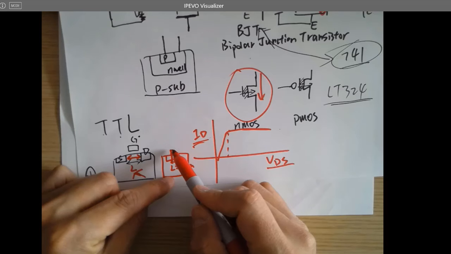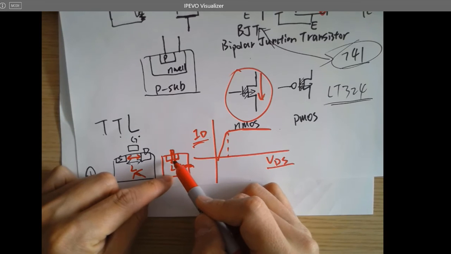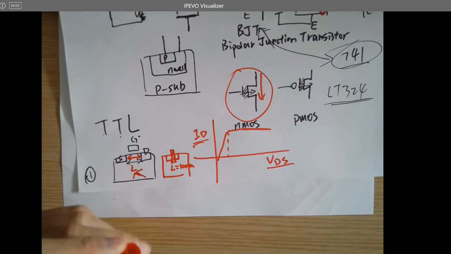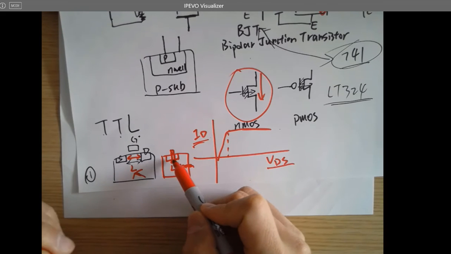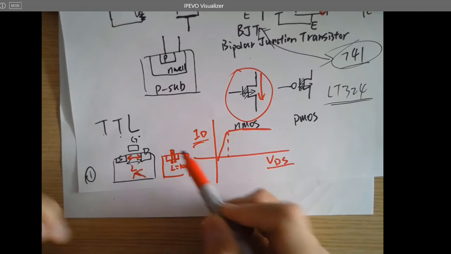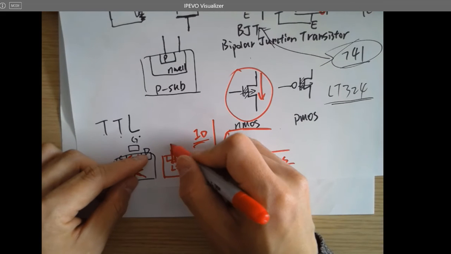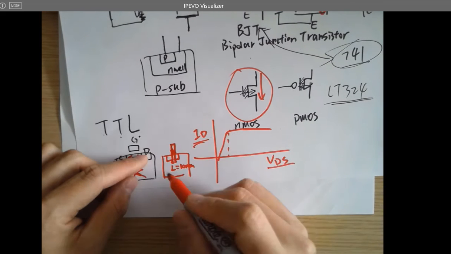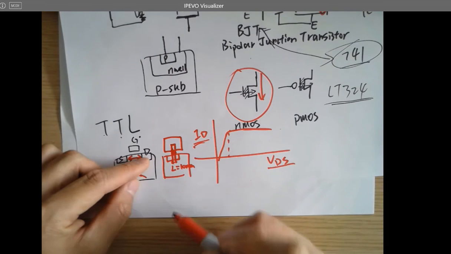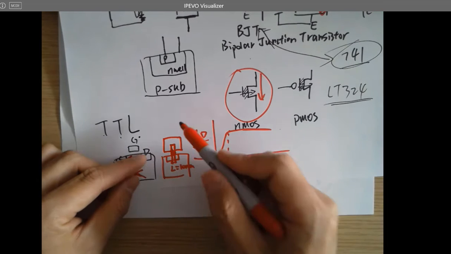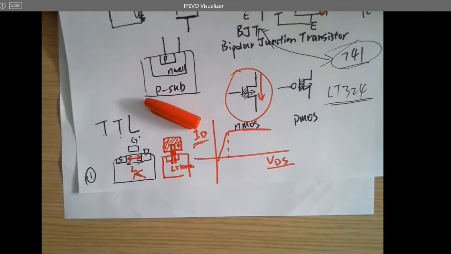The gate is going to lose its control over the channel. So it cannot effectively control the on and off status of the channel by using the gate. So I have to make the channel a 3D structure, like a bump like this, and have the gate fabricated surrounding it.